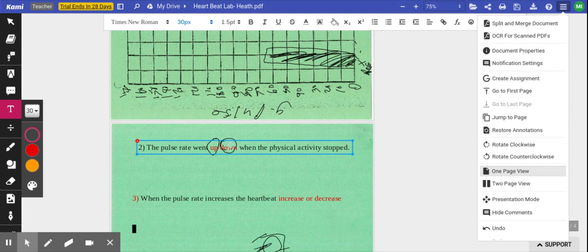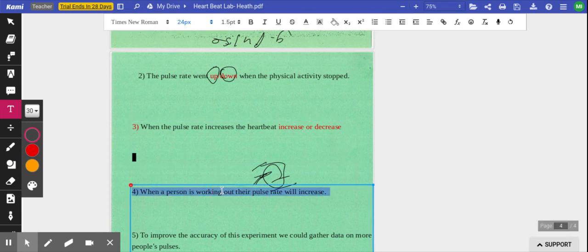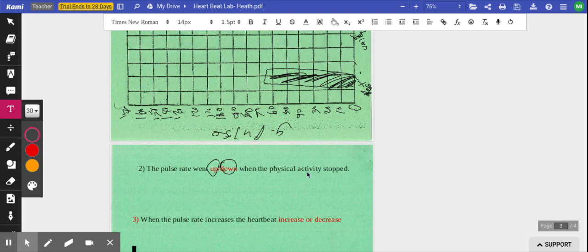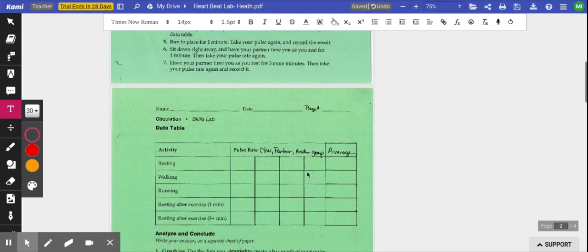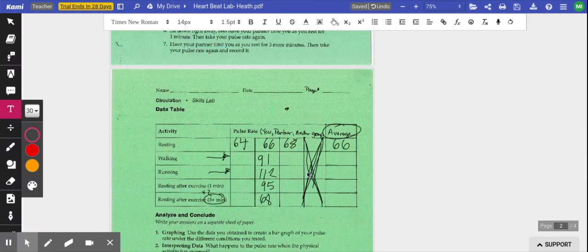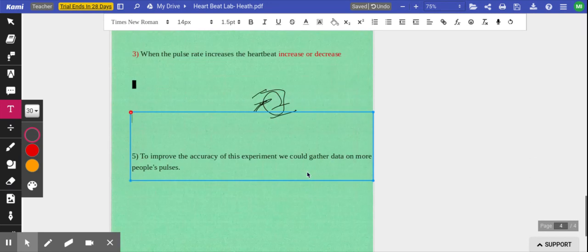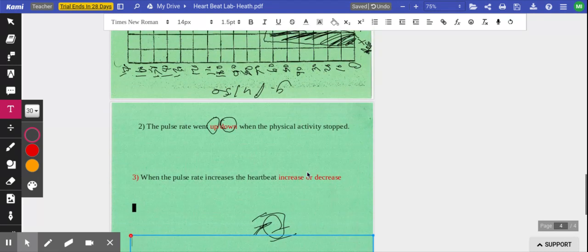So pulse rate, okay? So the pulse rate either went up or went down when physical activity had stopped, okay? So that's what you have to determine. Up here, did the pulse rate when we stopped go up or go down? You're going to have to look at your data and put either it went up or it went down, okay?